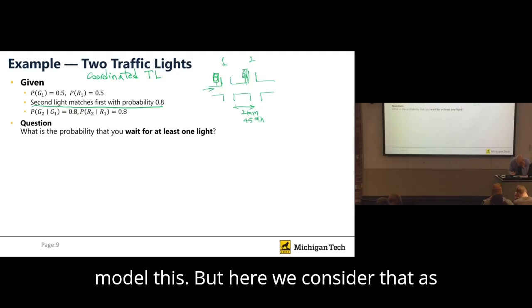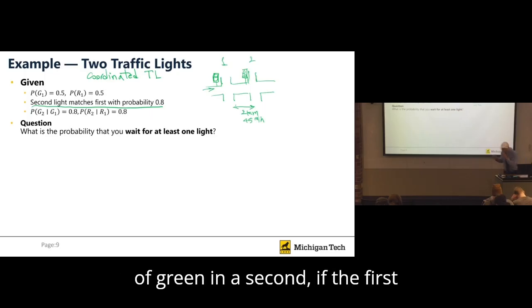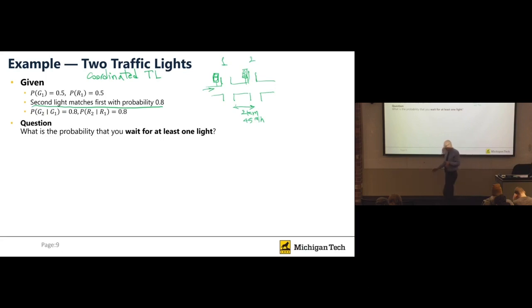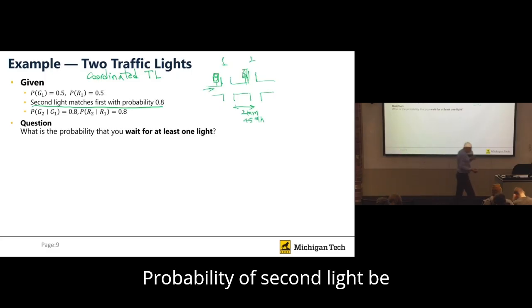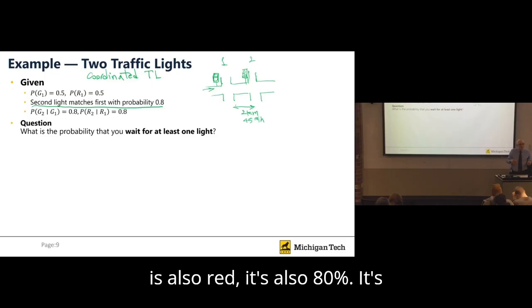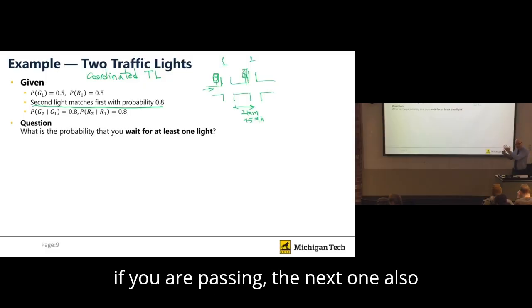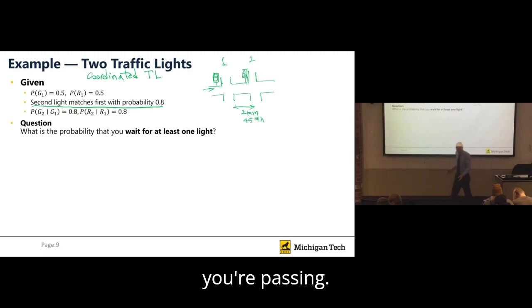Okay, so you model this. But here we consider that as a given value. So the probability of the second being green, if the first one is green, is 80%. The probability of the second light being red, if the first one is also red, is also 80%. It's a very high probability that if you are passing, the next one you also pass.